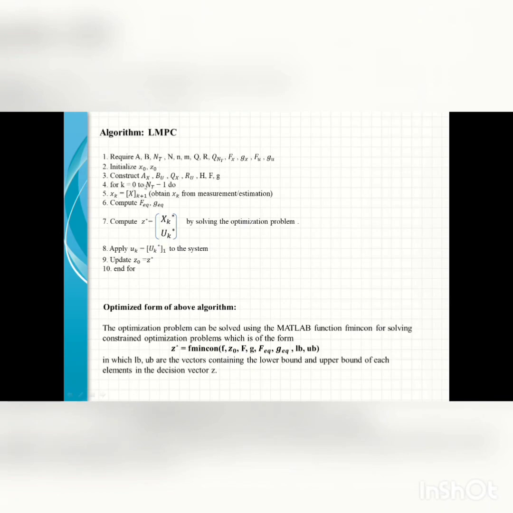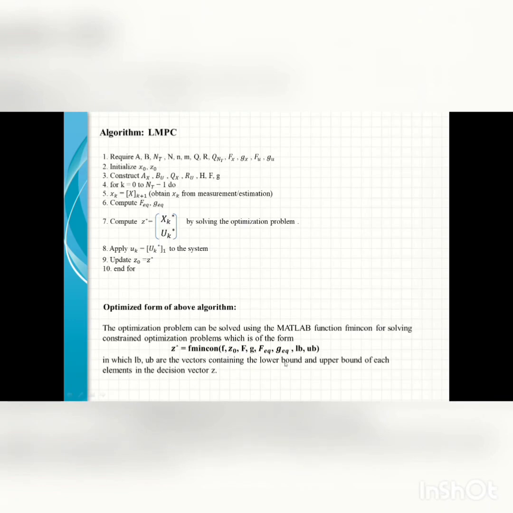and go till the (N_t minus 1)th value is reached, and we'll solve the above problem by optimizing it. We take the function fmincon.